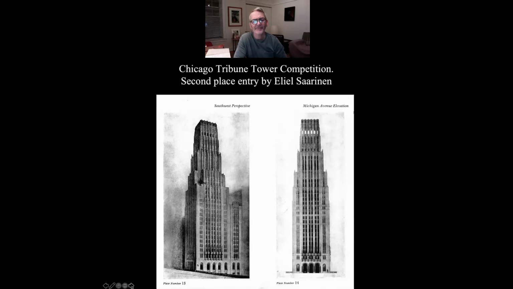It's better design. Eliel Saarinen, a Finnish-born architect, came to the U.S. His son Eero Saarinen is one of the designers for Knoll and also an architect. Eero Saarinen designed the St. Louis Arch, the Womb chair, the TWA terminal at, I think, now one of the New York airports.